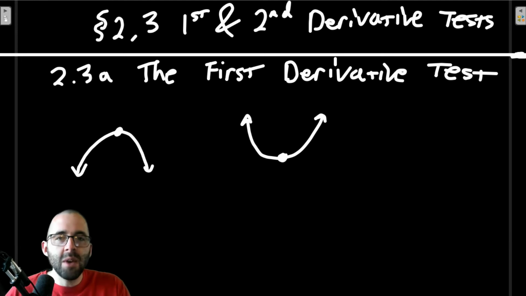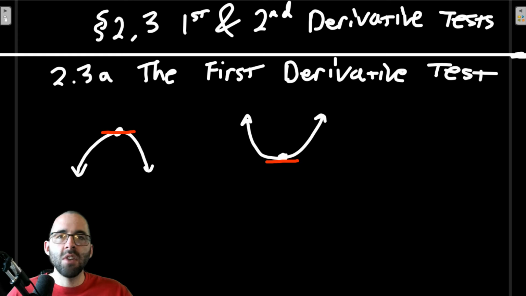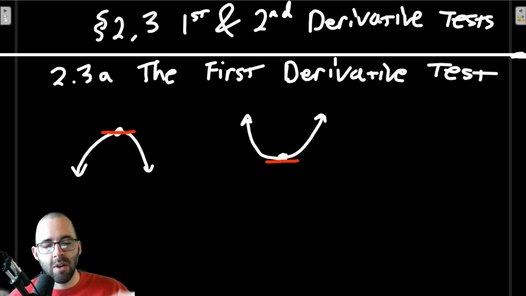So the question is, what can we say about the first derivative? Well, something that we know is that the first derivative at these critical points is 0, right? The slope of the tangent line at these local extrema is 0.